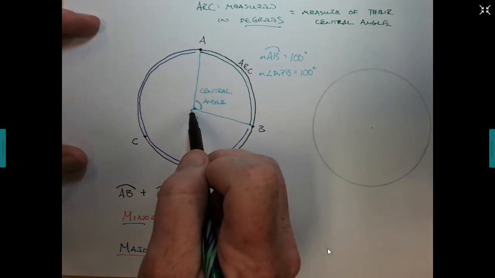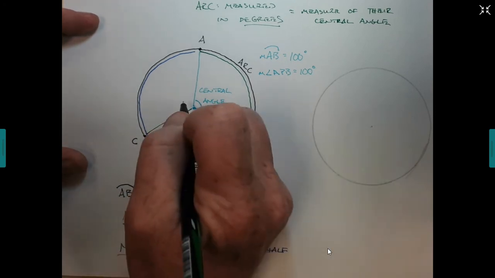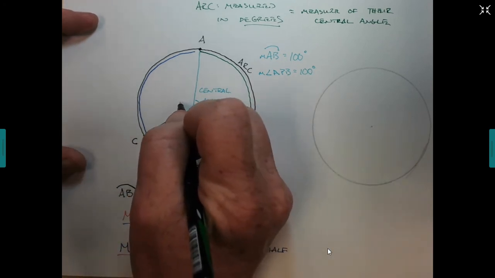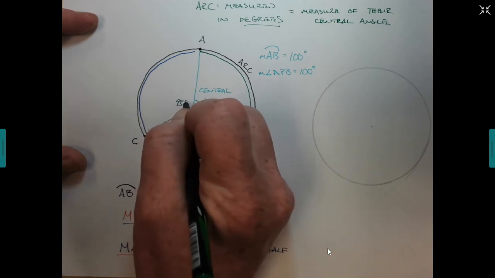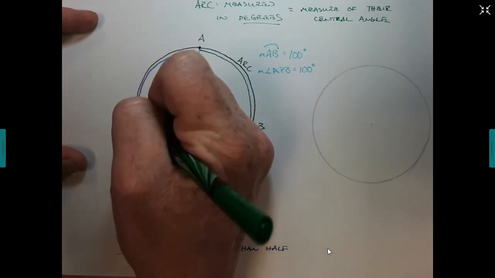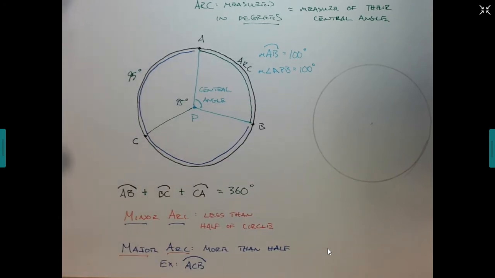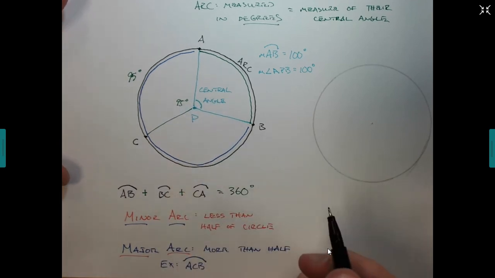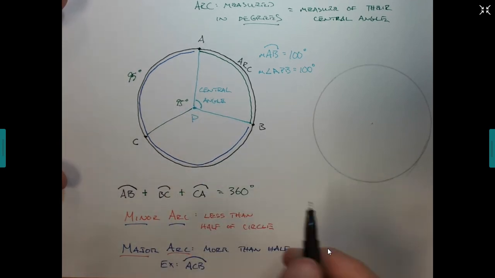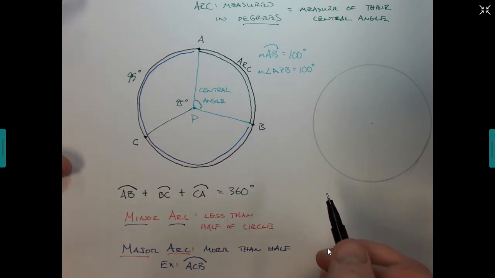So if I drew another radius, if I knew that this central angle was, let's say, 95 degrees, then I know that arc AC is also 95 degrees. And since I know two of these angles is 195, I've only got so much left for the 360 degrees.